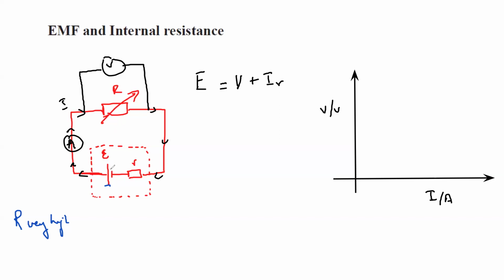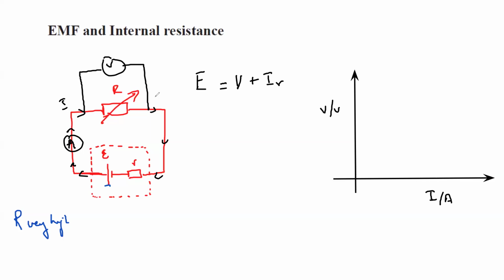So there is no current in the circuit because of the very high resistance. If I'm holding a cell in my hand, there will be no current passing from the cell through my body into the opposite terminal, because my body resistance is very high compared to the cell's power to drive the charges.